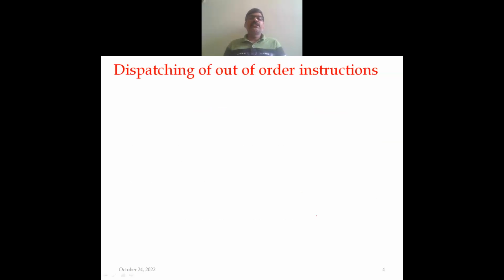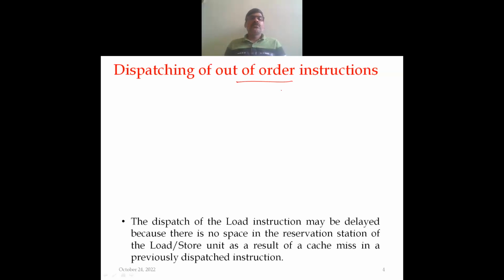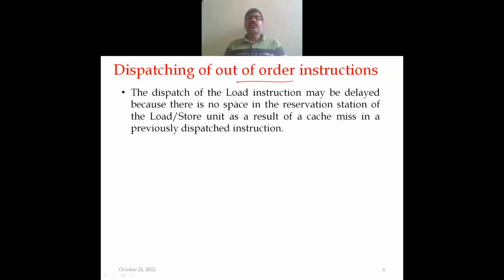Then how do we dispatch these out of order instructions? The dispatch of a load instruction may be delayed because there is no space in the reservation station of the load or store unit, as a result of a cache miss in a previously dispatched instruction.